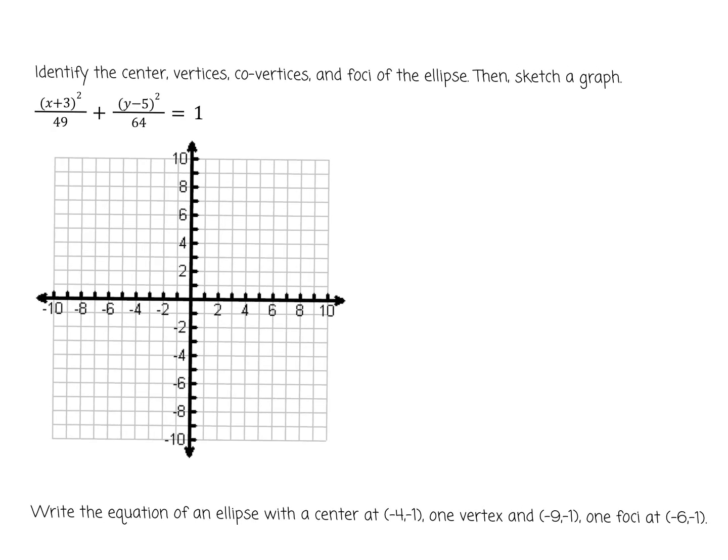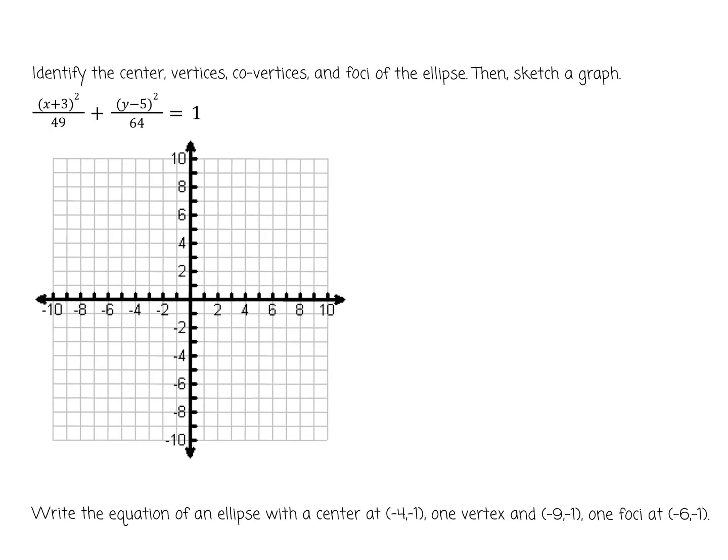Our second example, we're given our equation. We want to identify our center, vertices, co-vertices, and foci. And then we're going to sketch our graph. So (x plus 3) squared over 49 plus (y minus 5) squared over 64 equals 1. So for the center, I'm going to do the opposite of what's with x and y, so (negative 3, positive 5).